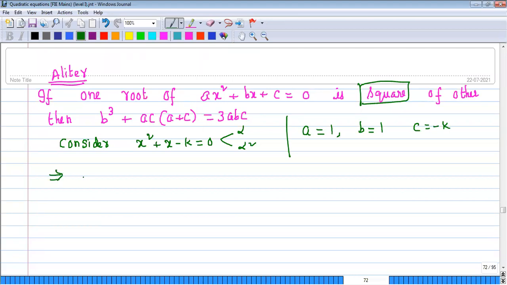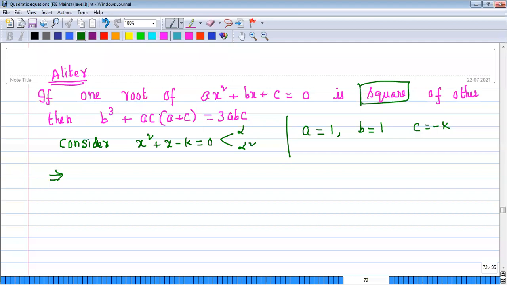B cube is equal to, what do you get now here? So b cube or b square, that I think b square this is, am I correct now? So let us check now once again. Last time I gave that formula also for you. So yes, b cube correct only.